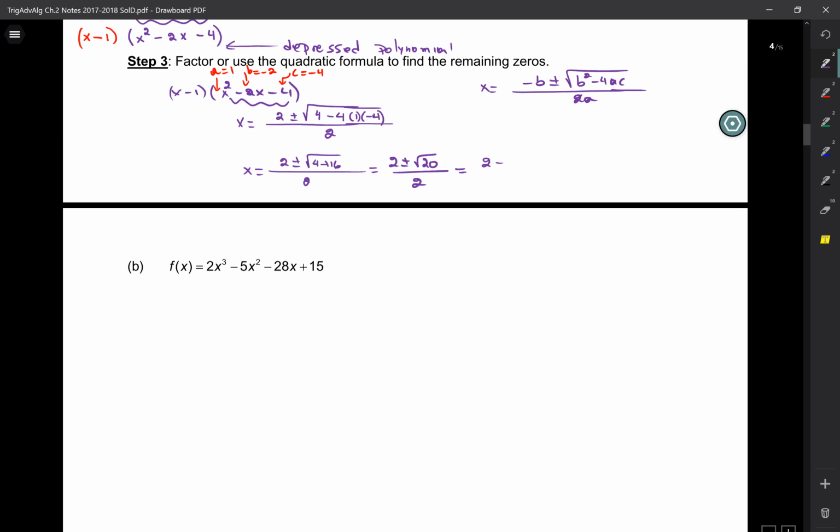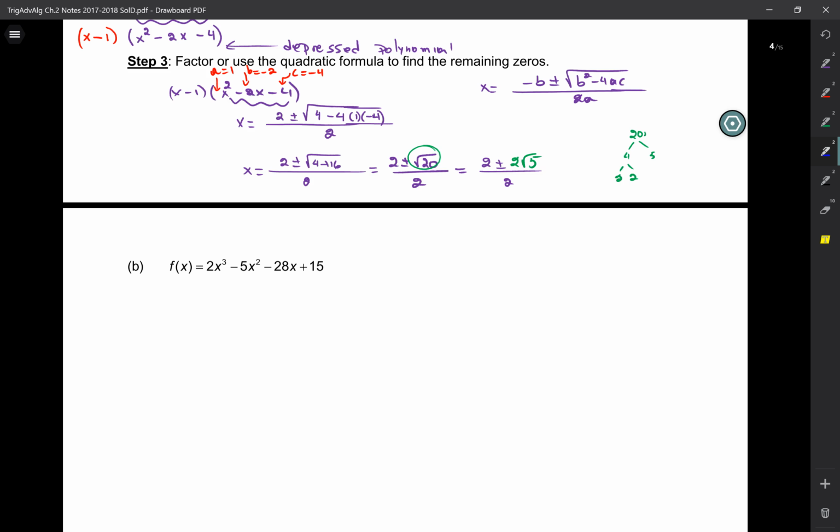Okay, 2 plus or minus, what do we do about that root 20, guys? It's 2 root 5. Right? 2 root 5. Okay, now this is my favorite thing to do in math. Check it out. How many terms do we have here? 1, 2, 3.